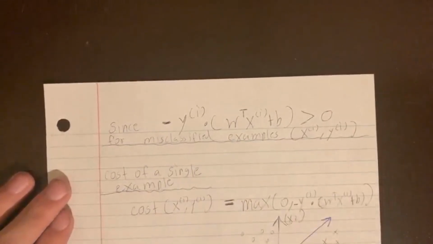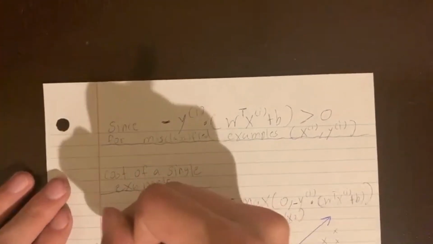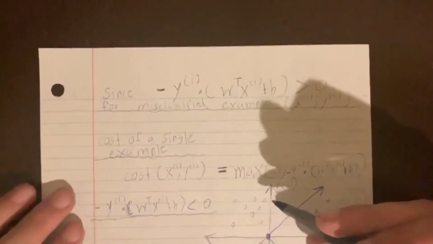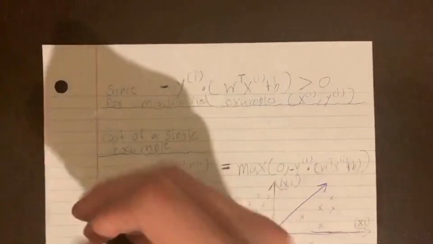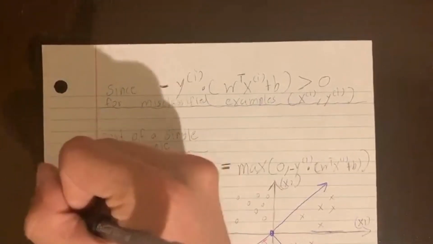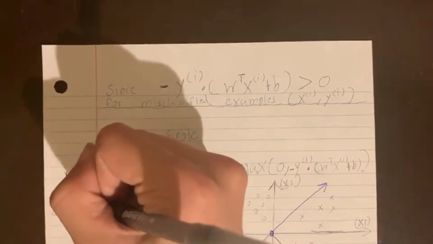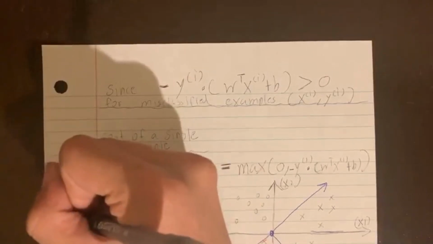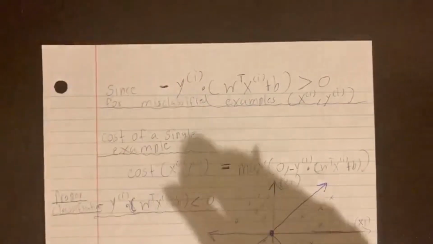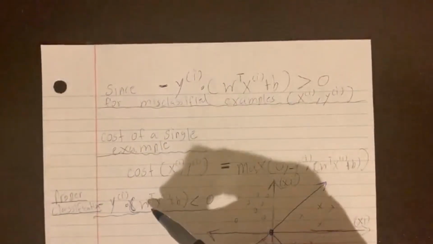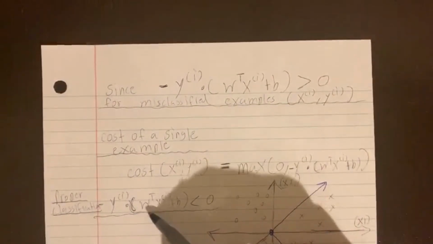Now, if we have a proper classification, remember negative y of i times w transpose x of i plus b, this value would be less than 0. So when we classify a class 1 example as class 1 or a class 0 example as class 0, then this value is always less than 0.